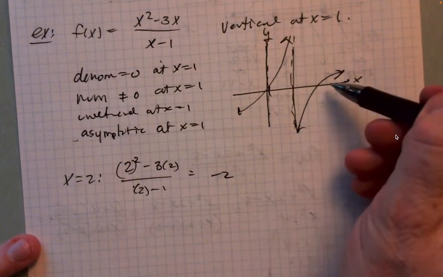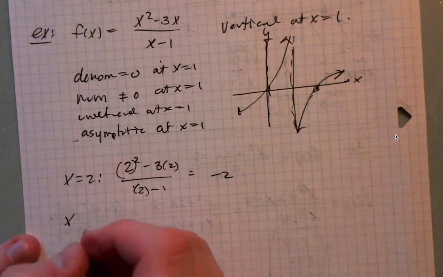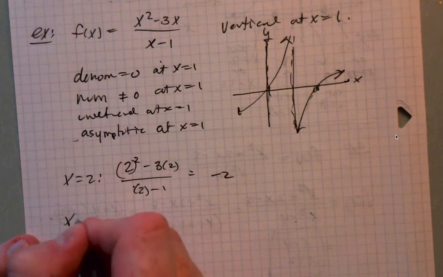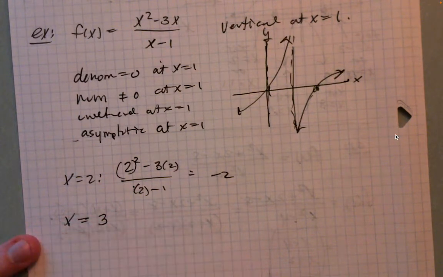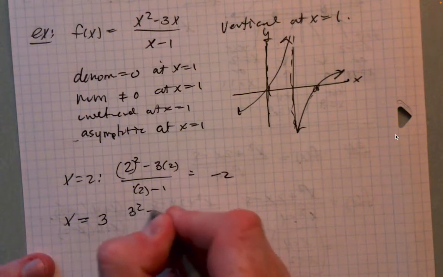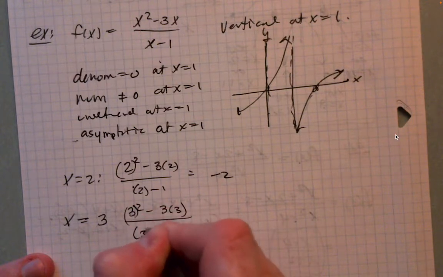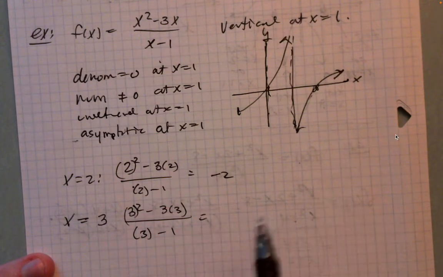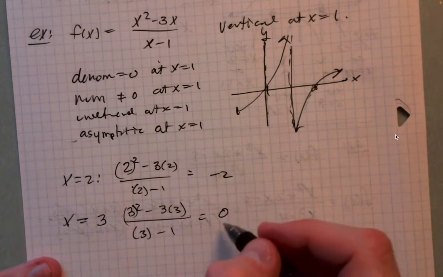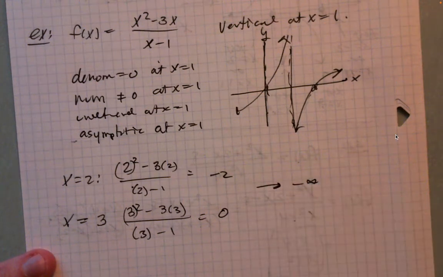Right, so as we approach, over here it's heading negative, and we could test closer. We could test like x equals 3. And so that would be 3 squared minus 3 times 3 over 3 minus 1, which would actually give us 9 minus 9 on top, so this would be a 0. And so obviously as we get closer to 1, this is going to -infinity.